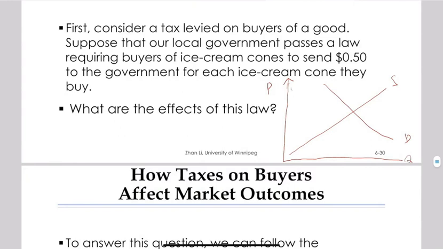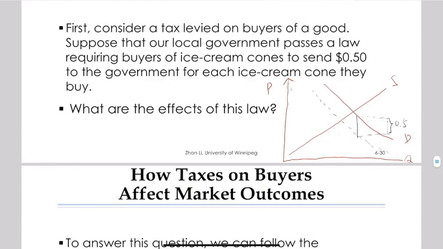Well, in this case, the demand curve should shift to the left. What is the distance of the shift? Well, the vertical distance of the shift should be exactly $0.5.